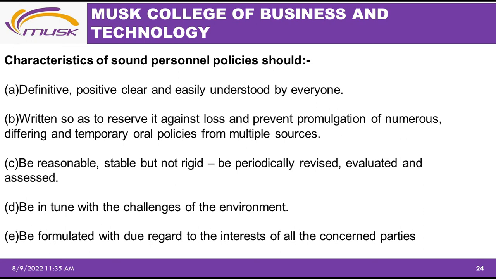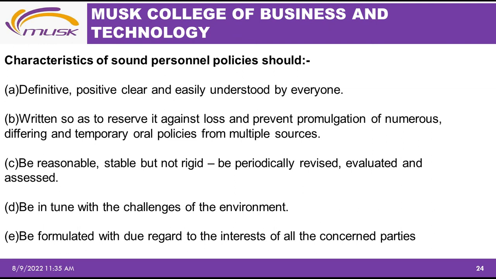The other one is policy should be reasonable, stable but not rigid, and periodically revised, evaluated, and assessed. So if we are talking about a remuneration policy, whatever statements we make about how we remunerate should be reasonable. You should be able to pay your employees reasonable amounts. The other one is to be in tune with the challenges of the environment.